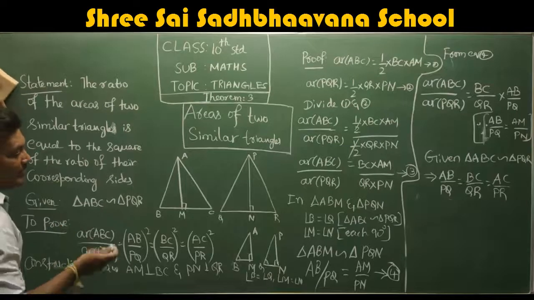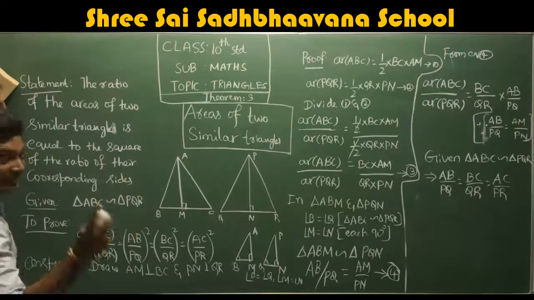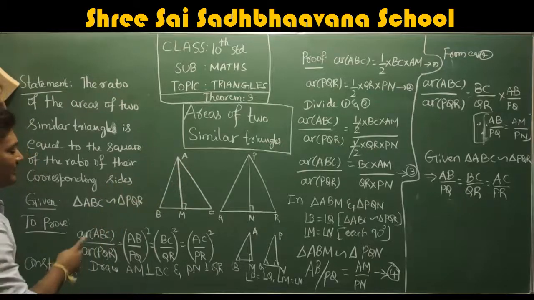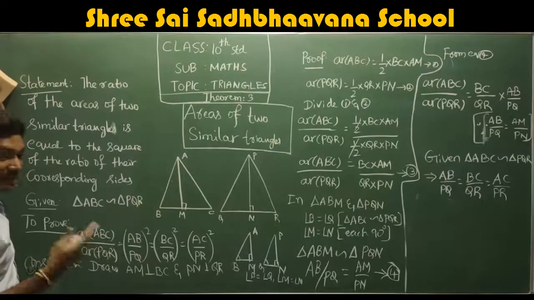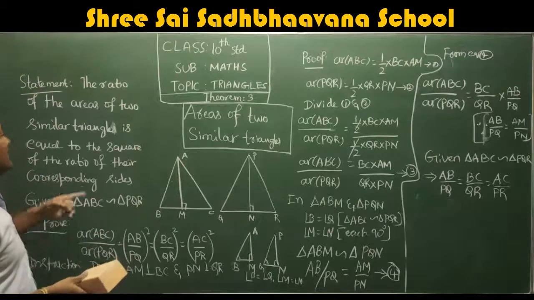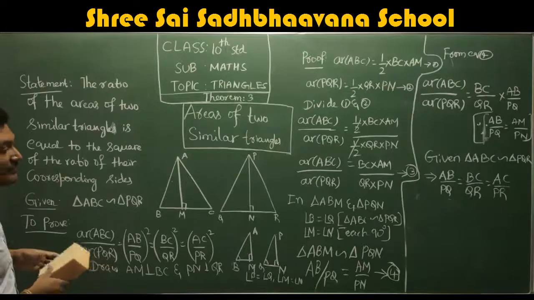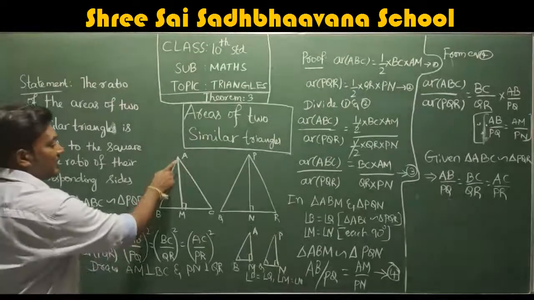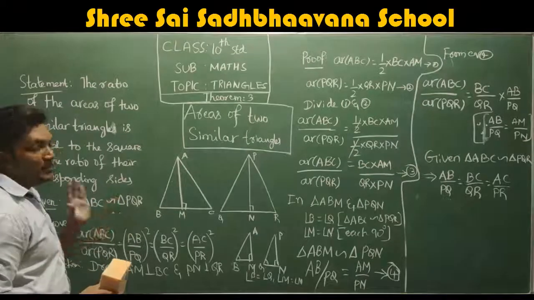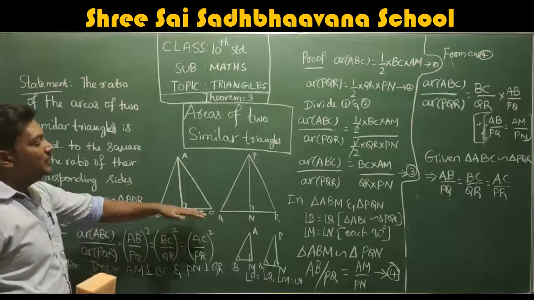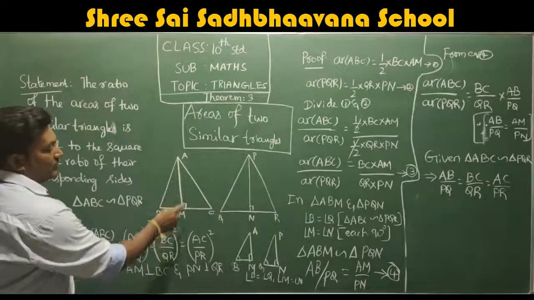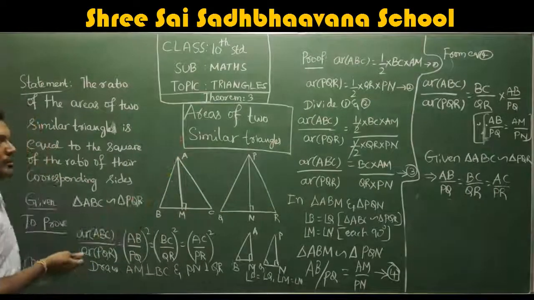If they are similar, then the ratio of area of triangle ABC to area of triangle PQR is equal to the square of the ratio of the corresponding sides. That is AB by PQ whole square, which is also equal to BC by QR square, which is equal to AC by PR square.